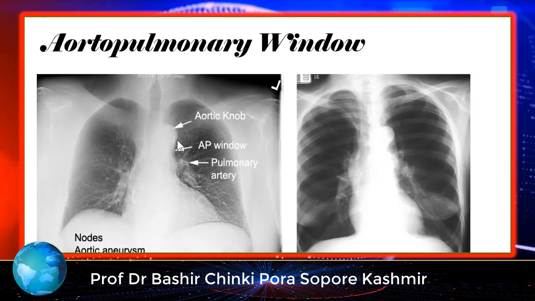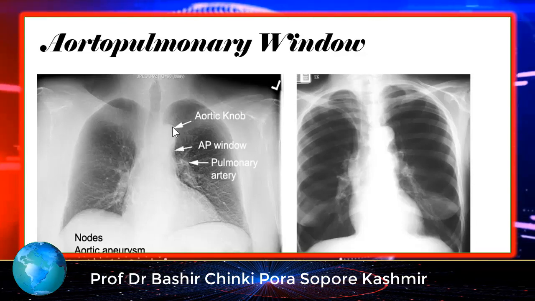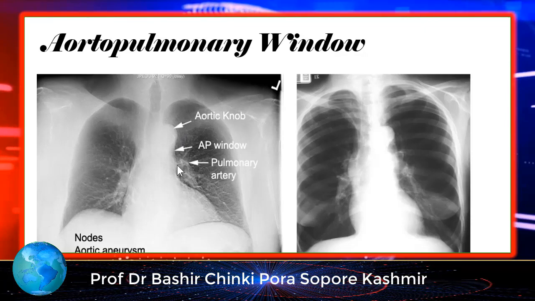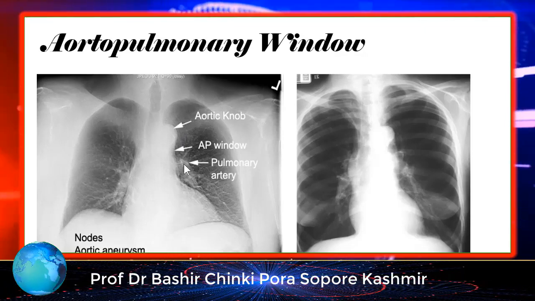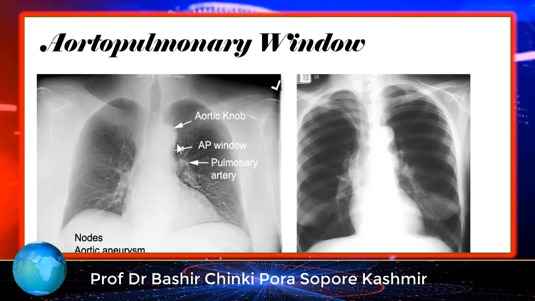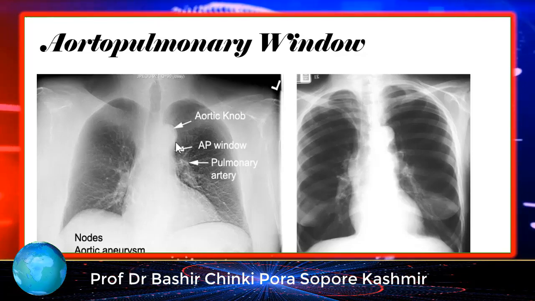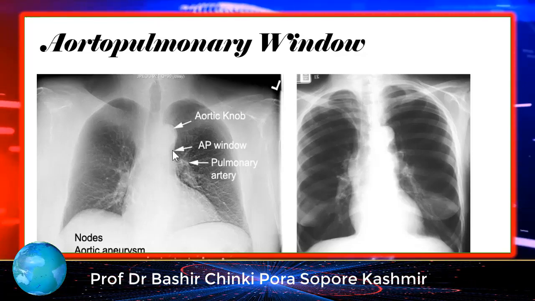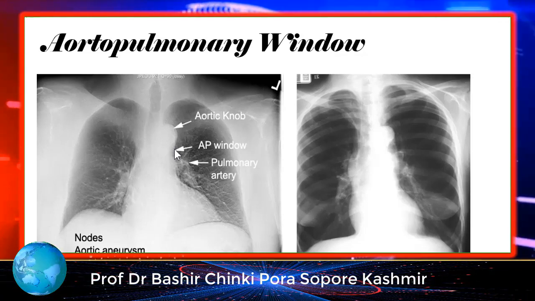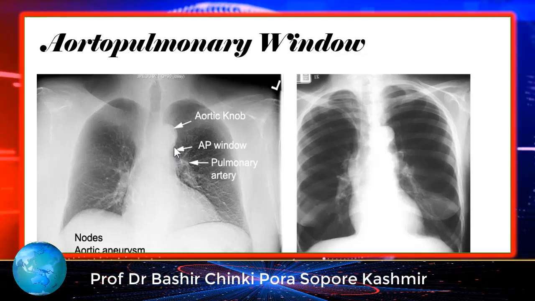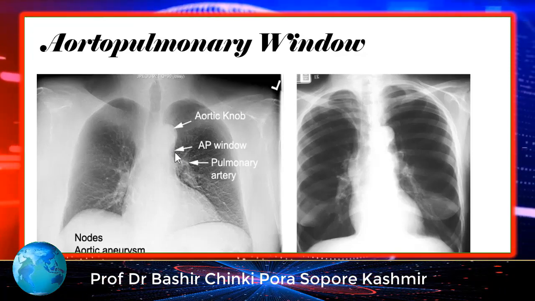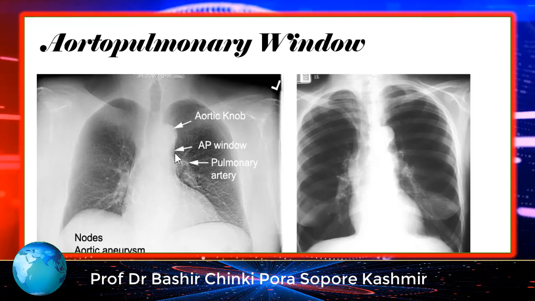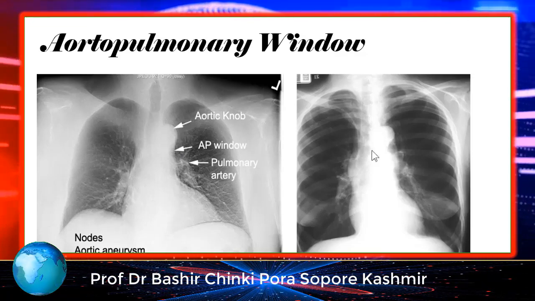If you look here, this is the aortic knob and this is the pulmonary artery. So between the pulmonary artery and the inferior border of aortic arch is this area which appears to be concave, and this area is called aortopulmonary window.